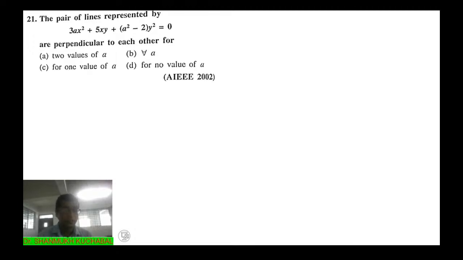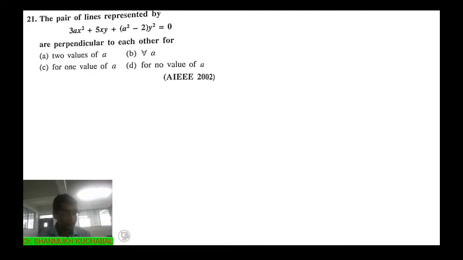Next, example number 21. The pair of lines represented by 3ax square plus 5xy plus a square minus 2 into y square equal to 0 are perpendicular to each other for the following options we have to examine.